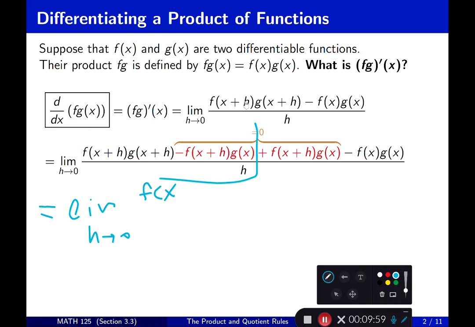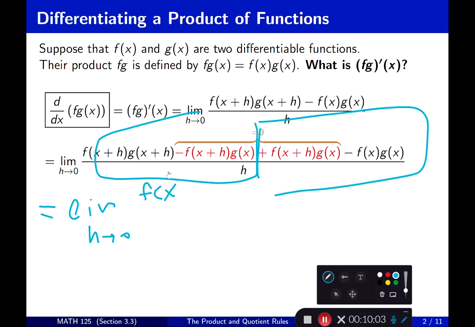I factor f of x plus h out of it, and what I am left with is g of x plus h minus g of x divided by h.